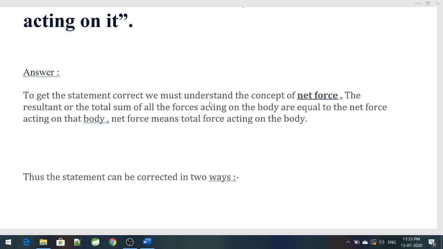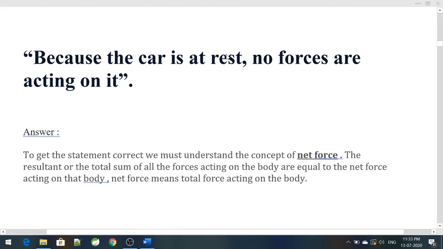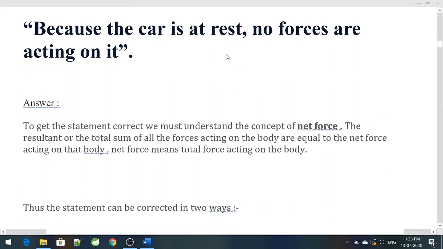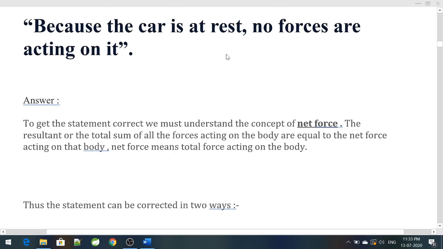If it is a car at rest, a gravitational force is acting upon it. And on the tire, a frictional force is acting upon it. And direction wise, if you see x-axis, y-axis, we have seen in the chapter like that. So all together we call it net force.